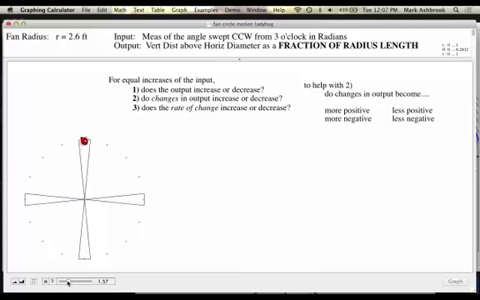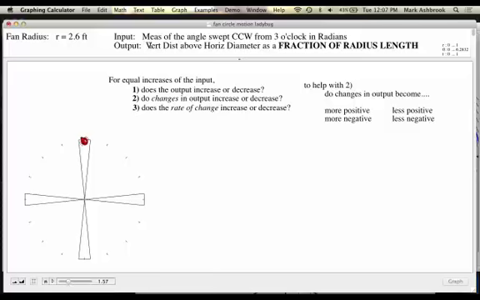How many radians of angle measure is that? Pi over 2. Halfway around the circle is pi radians, so a quarter of the way is to the top of the circle. So that output has its greatest value when the bug is at the top, or when the fan has swept pi over 2 radians.